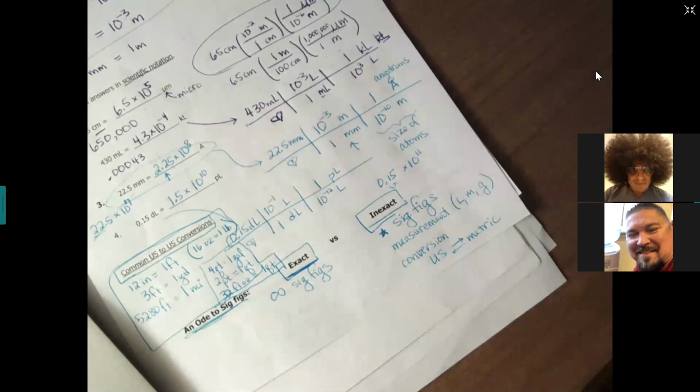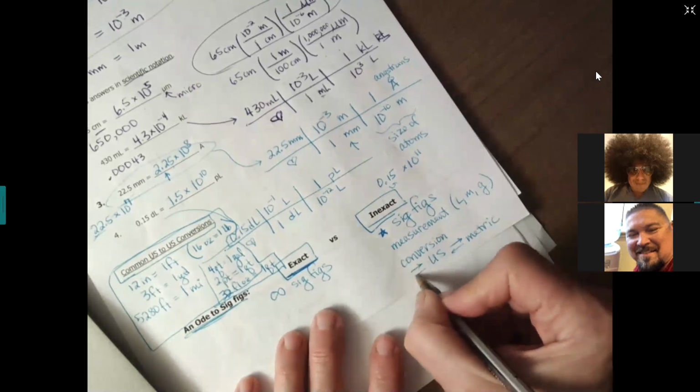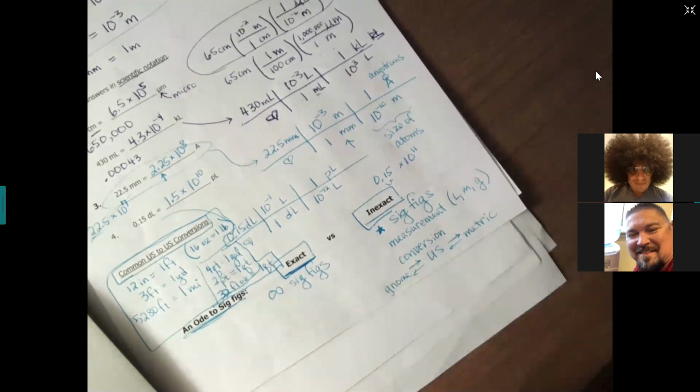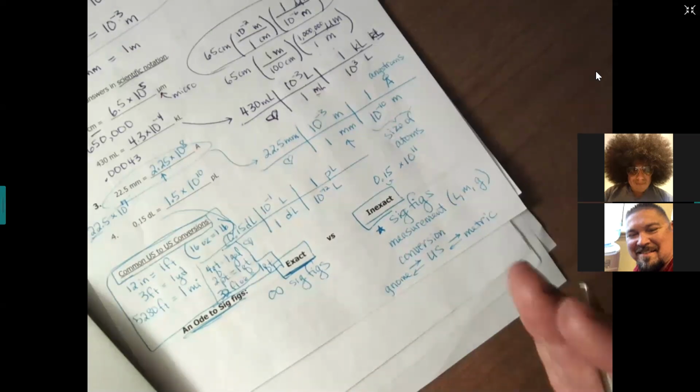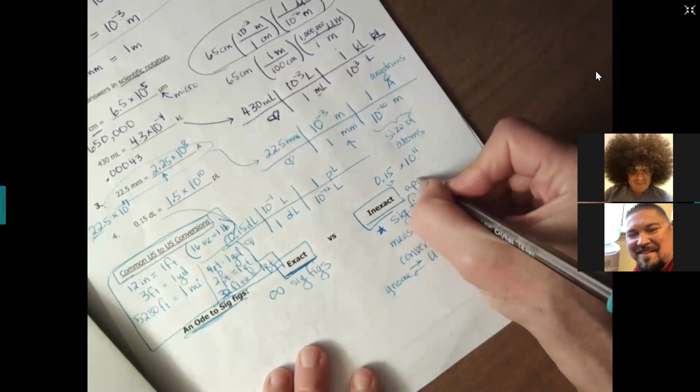The metric system was based on science, and so going between them is always an approximation. The same with if we went like between US and gnome measurements. The gnomes have a far superior way of measuring, and so that's always going to be an approximation trying to go between them. So inexact just means we're doing an approximate.